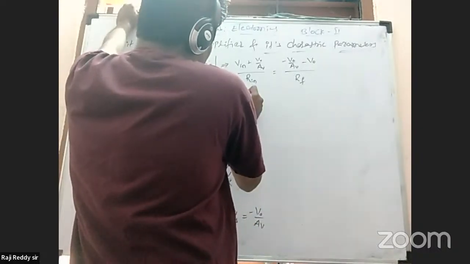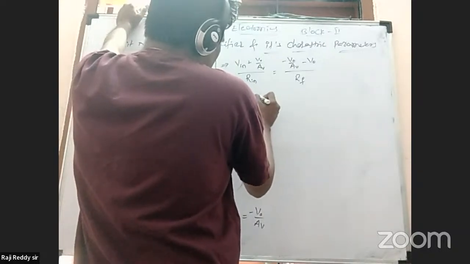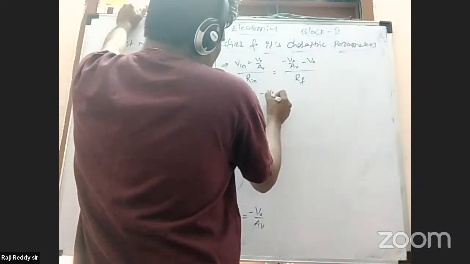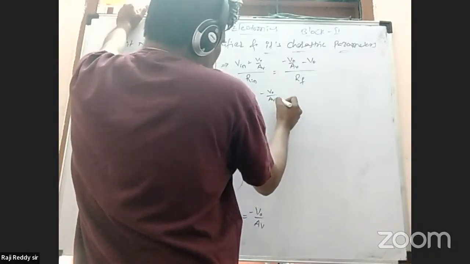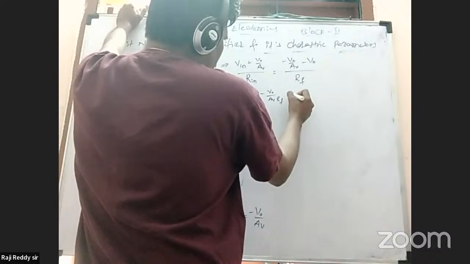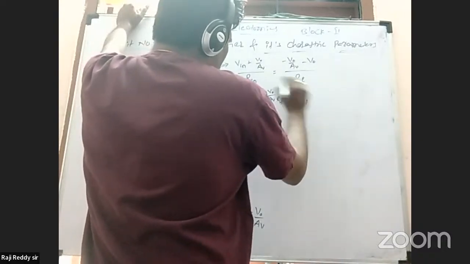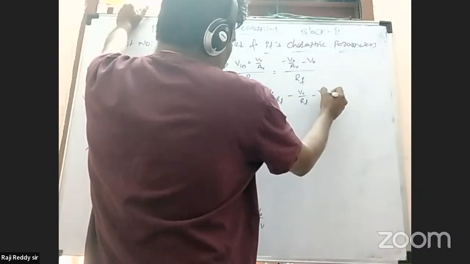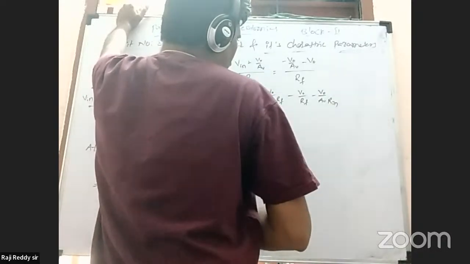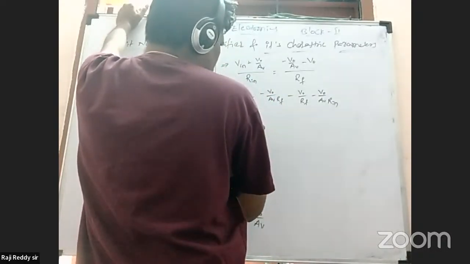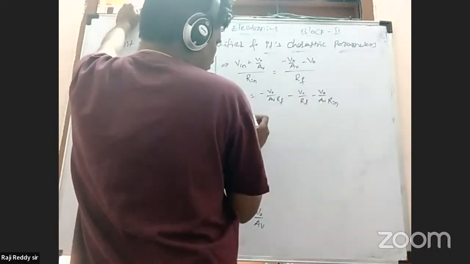Then you can write V in by R in. You can send the other side: minus V naught by AV into Rf, minus V naught by Rf, minus V naught by AV into Rin. Now you can take V naught common. First I'm taking the right side value.